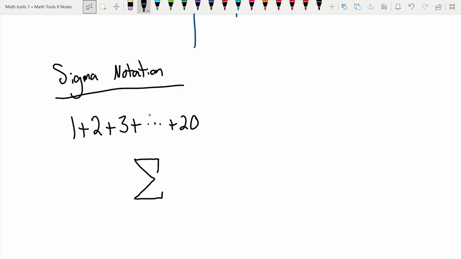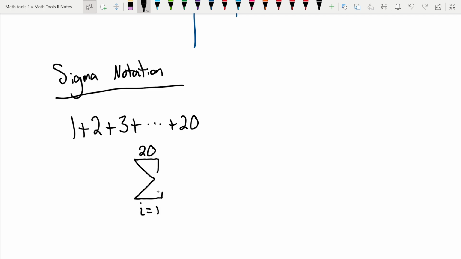So if we wanted to write something like this, we would write the index at the bottom that we want to start with. We often use i for the index, and the index is usually just used to denote which variable we're talking about. It doesn't usually have physical meaning, but it can, and it will right here. Then we write whatever the last number we want on the top.